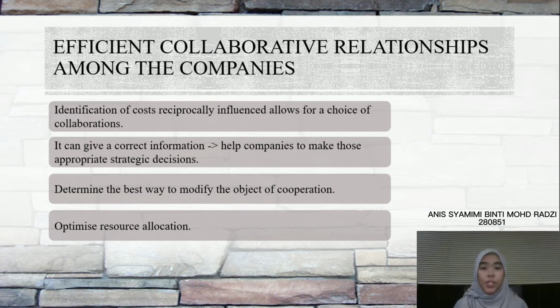The correct information about differential costs arising from possible alteration of the collaboration relationship will help the company make appropriate strategic decisions in logistics activities. This will help them realize with other companies the best way to modify the objective of cooperation in order to make the supply chain more competitive.